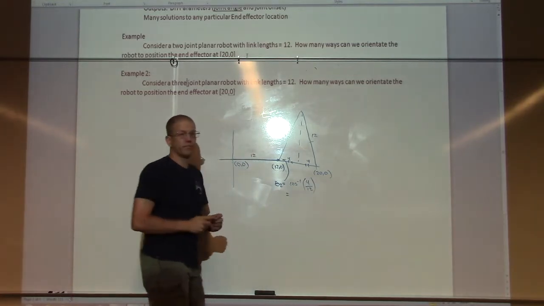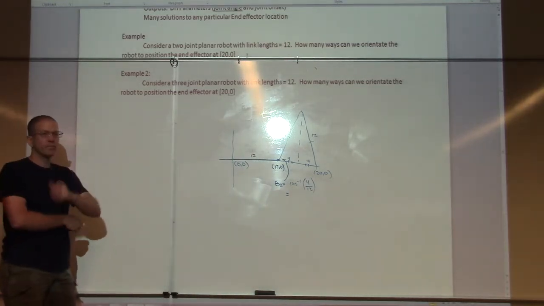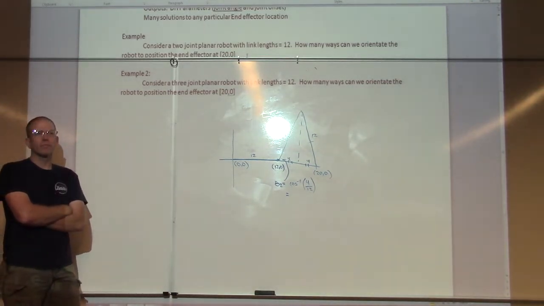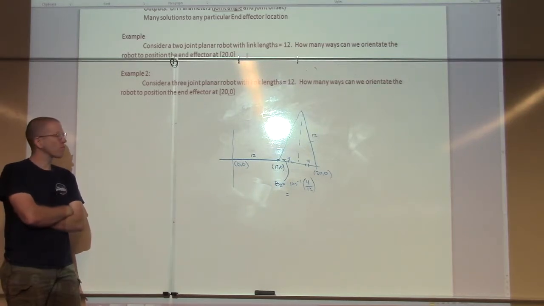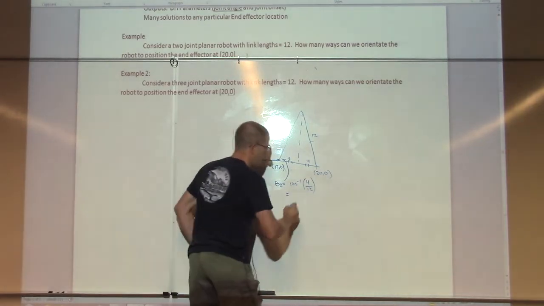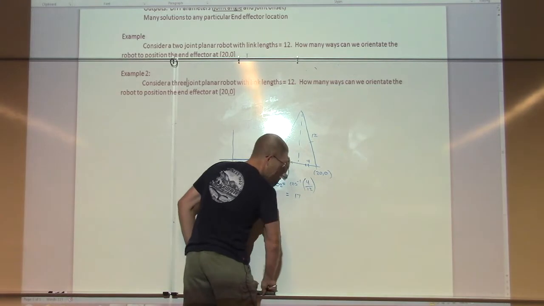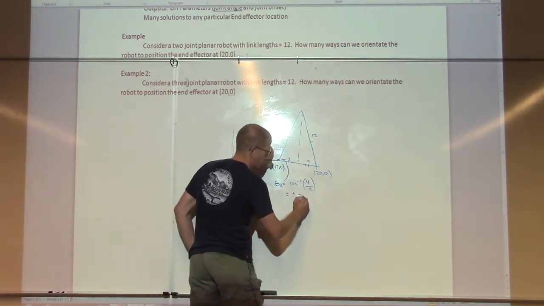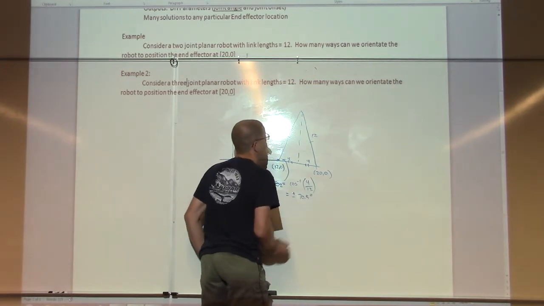What's that give us? 70.5 degrees. So we could say plus or minus 70.5 degrees.